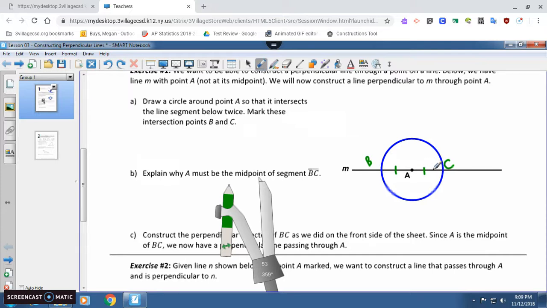Now that we know that there's equal distances on every side and that A is the midpoint, we know a segment can be cut through that midpoint from the construction we've already done. We can construct a perpendicular bisector of BC now, as we did on the top of this sheet.